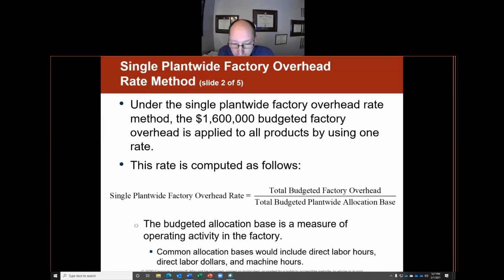The allocation could be something like number of hours, number of dollars for labor, or machine hours. These are very common units of measure for the allocation. So remember that bottom line is going to be some unit of measure, whether it be hours for machine or labor or labor dollars. So you take your budgeted factory overhead divided by your base.